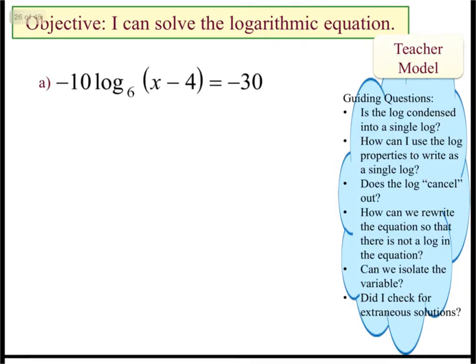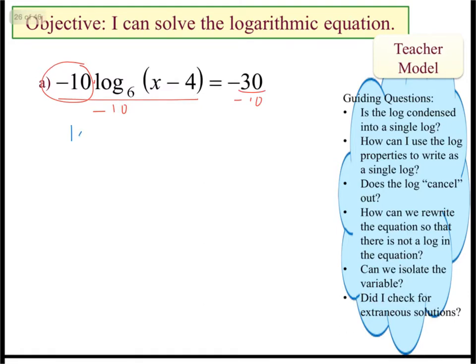So in this teacher model problem, we have negative 10 multiplying our log in front, and the first thing that we want to do is isolate that log, kind of just like when we were solving exponential equations, we wanted to isolate that base. So let's look at the relationship there. It's being multiplied, so we want to divide both sides of the equation by negative 10.